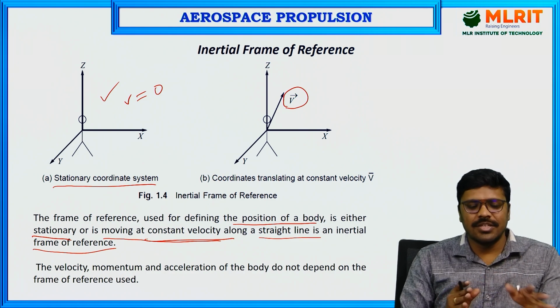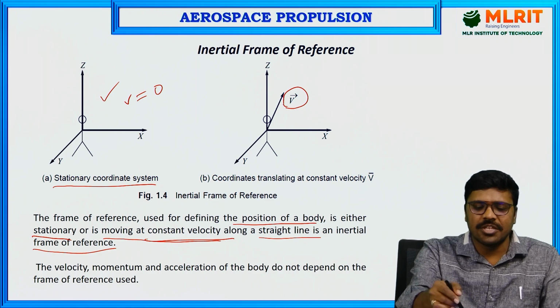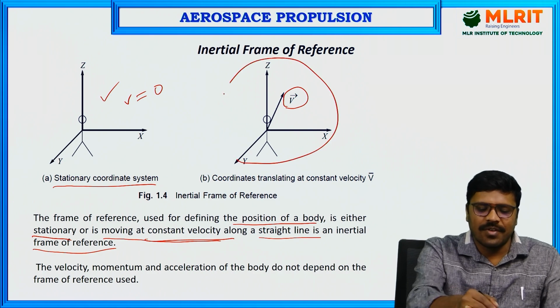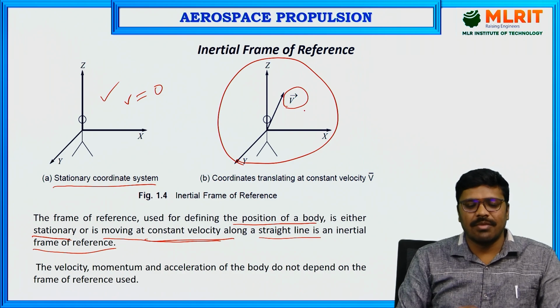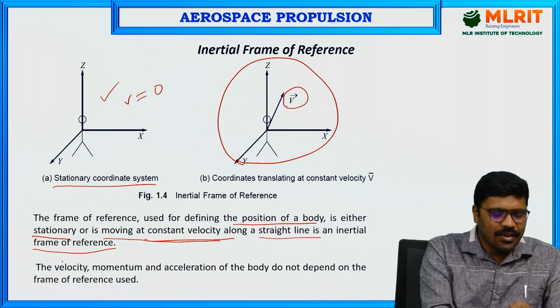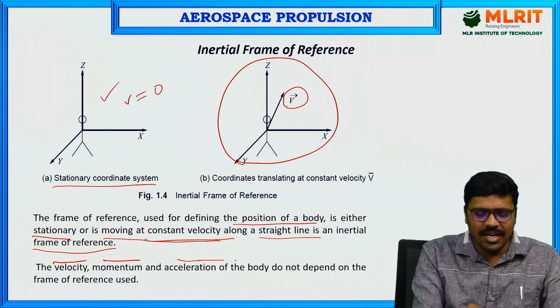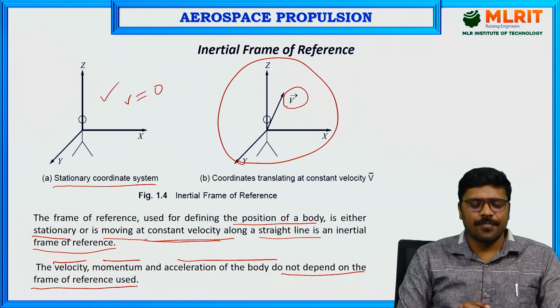Why do we consider these two cases as inertial frame of reference? Suppose if the velocity of this frame of reference is changing with respect to time, then it does not come under inertial frame of reference. It will be considered as a non-inertial frame of reference. So why is it considered inertial in these two cases? Because the velocity, momentum and acceleration of the body do not depend on the frame of reference used.